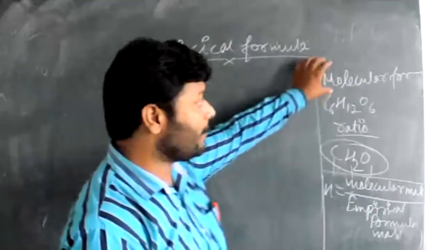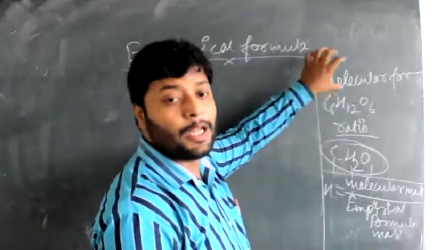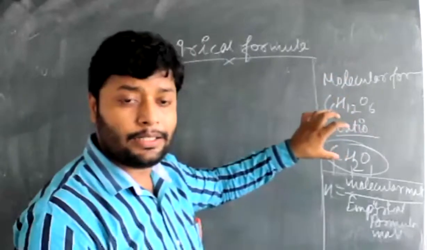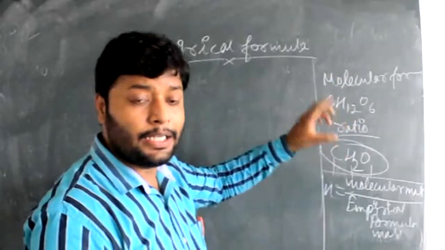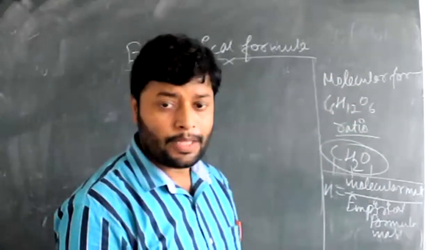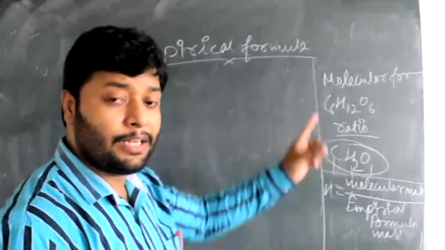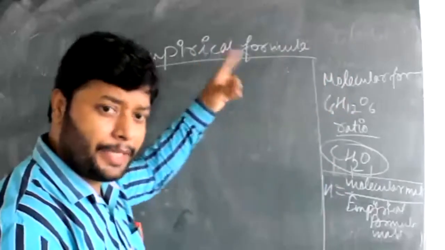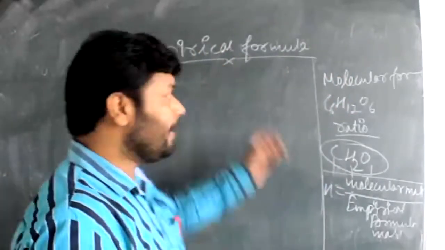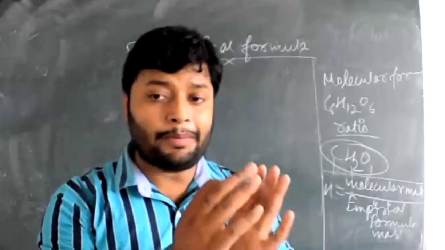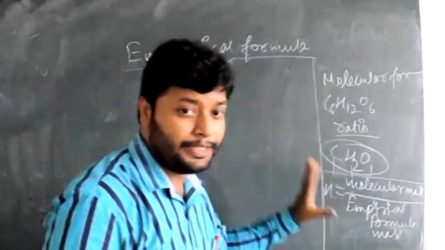So if we have a molecular formula, we can get the molecular mass. But if we do not know the molecular formula, we can get it with the help of the empirical formula. The empirical formula can be converted into the molecular formula with the help of that number called n.